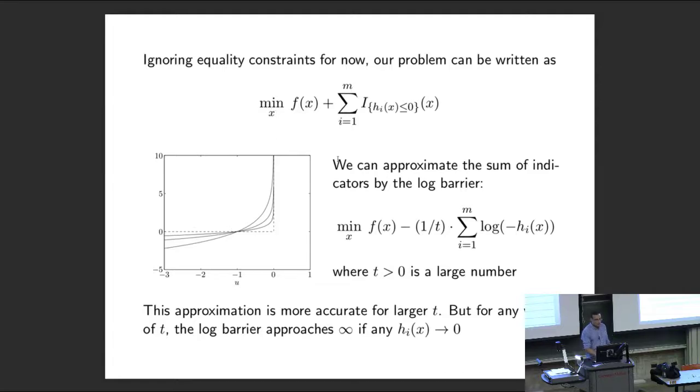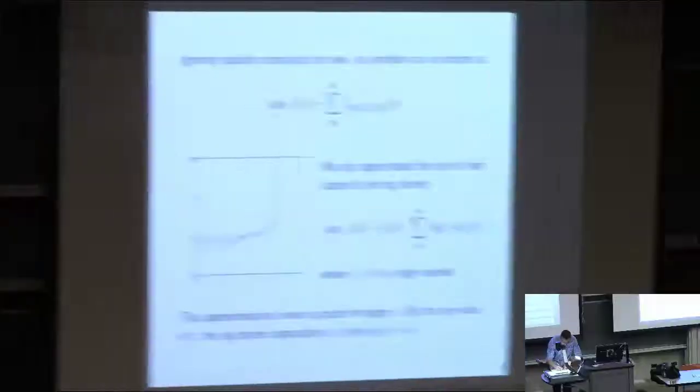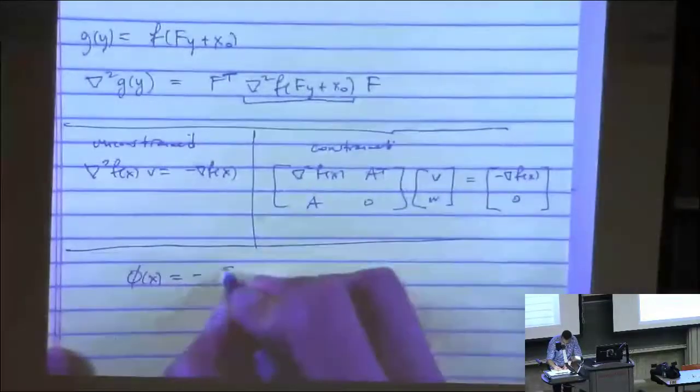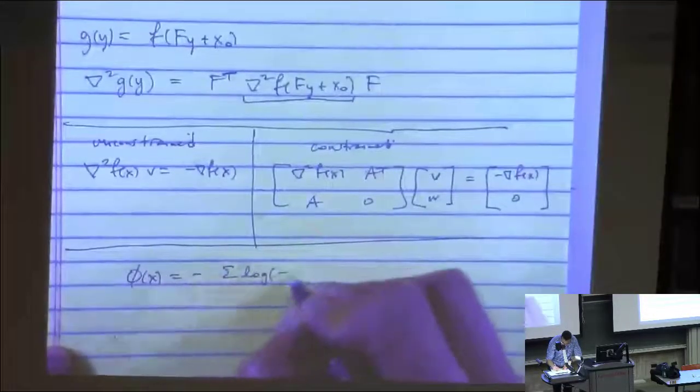We can approximate this smoothly by approximating the indicator function by negative log of negative x. That gives us a smooth approximation to this indicator, which is often called a barrier in the context of interior point problems. So this thing right here, phi of x, was just minus the sum of log of minus h_i of x.